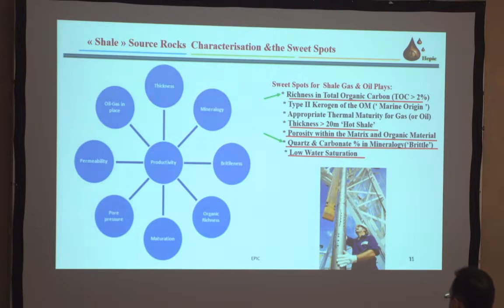But if there is not enough quartz or carbonates, it will be plastic and will not produce much from the well, and low saturation. I have underlined the areas where seismic can help, but I will focus on two of them: richness of total organic carbon, how we can determine that from seismic, and also how we can evaluate the brittleness of the rock.